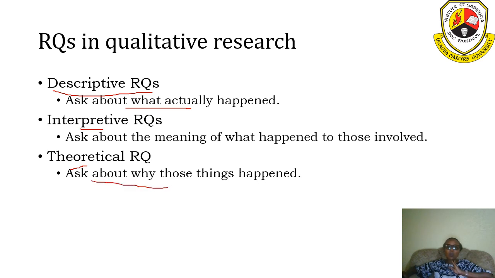They ask about why those things happened. So this one is looking for the meaning, and this one is looking for why. So the why is when someone is actually finding out that, oh, this caused this. And that's the beginning of developing a theoretical framework or a theory or model, whatever you may wish to call it.